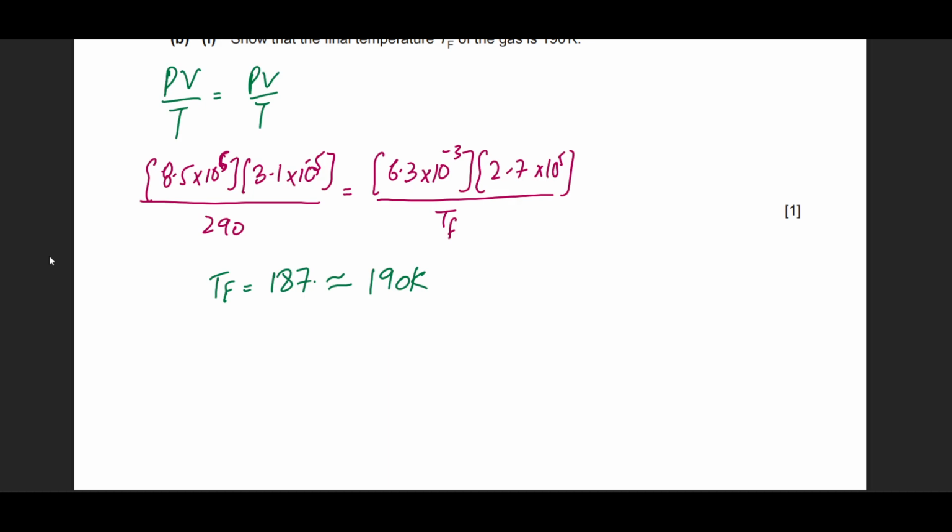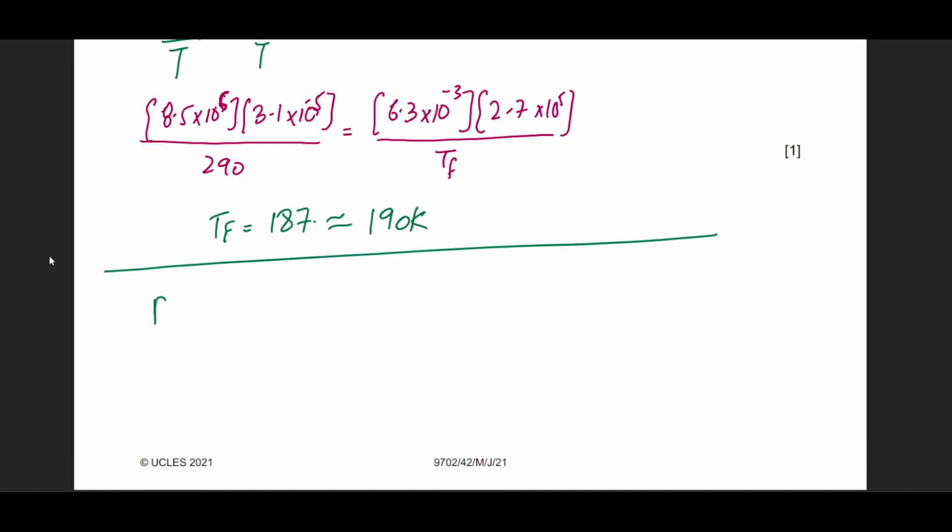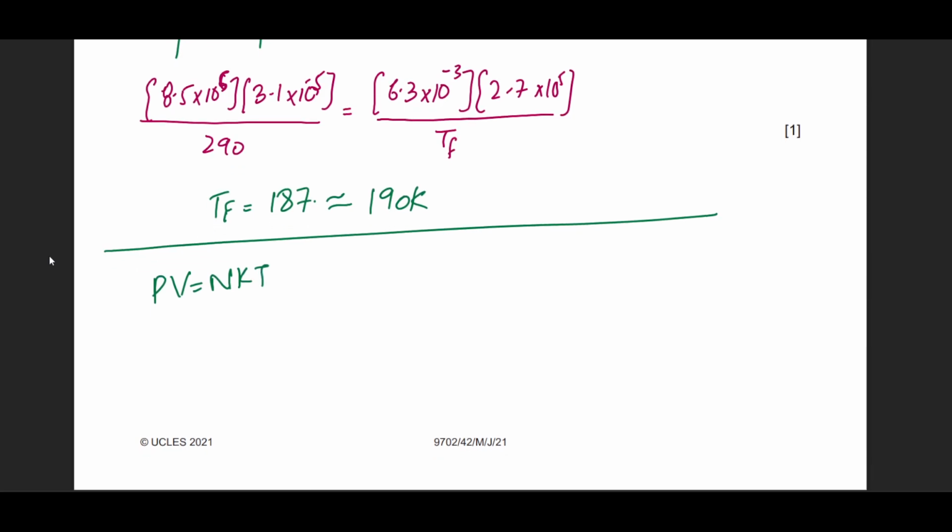The other method was to use the equation PV equals NkT. Now, since the number of atoms is exactly going to be the same, we can find the temperature for the new situation by simply using the second scenario in this.